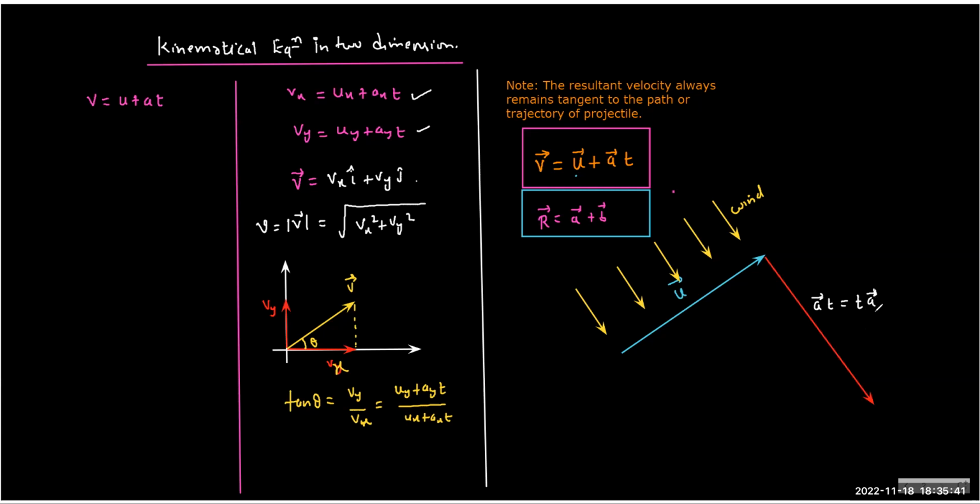So you scale up the vector, and I hope you know the meaning of multiplication of a vector by a scalar. So how can we represent the V vector using the triangle law? Tell me guys. As per the triangle law, how should the V vector be?